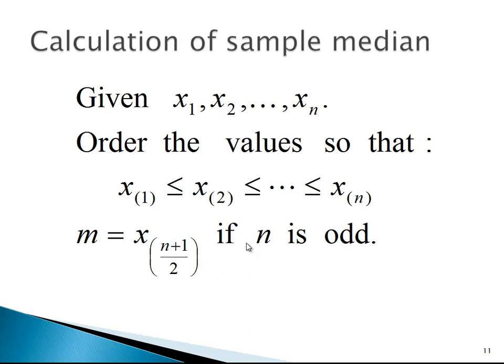To calculate the median, if we have values x1, x2, up to xn, we have to order the values from the smallest to the largest, and the median will equal the value that's in the middle, if n is odd.